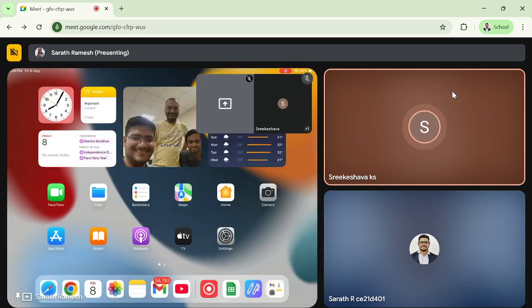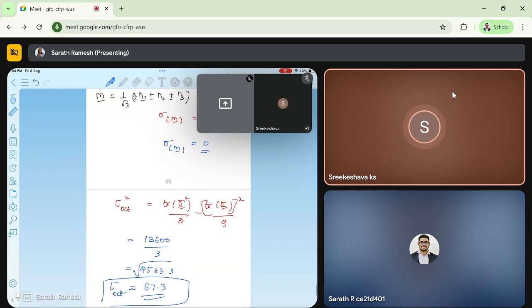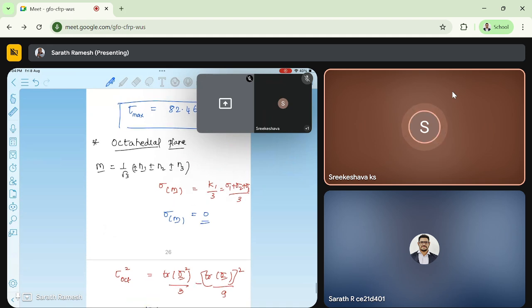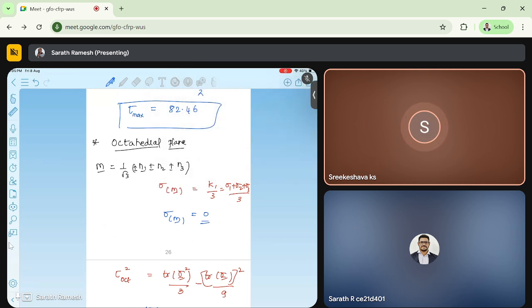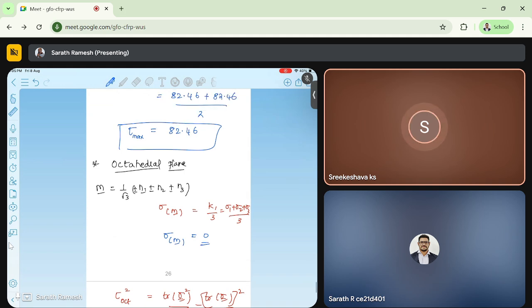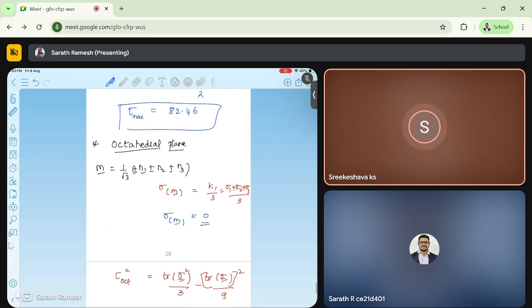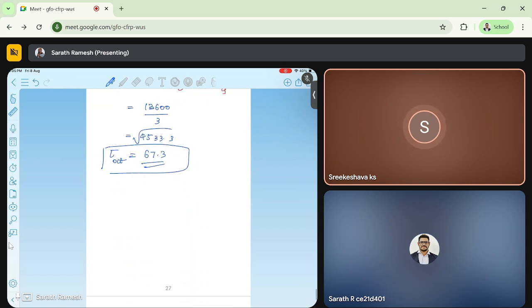Sir, I got everything of this class, but I'm having a small confusion. When they give a diagram of a two-dimensional system, generally sigma is a 2 cross 2 matrix, right?